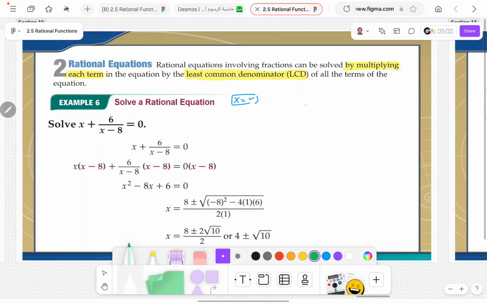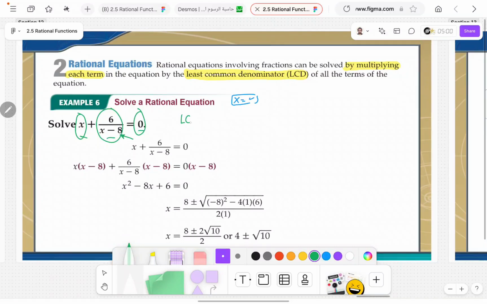Look to all the terms in the equation. I have this term here, and this term here, and this term here. So you have to look to all the terms from the right side and from the left side. Then you have to look to the denominator. What is the denominator given in the question? It is x minus 8. So x minus 8 is the denominator in all three terms.